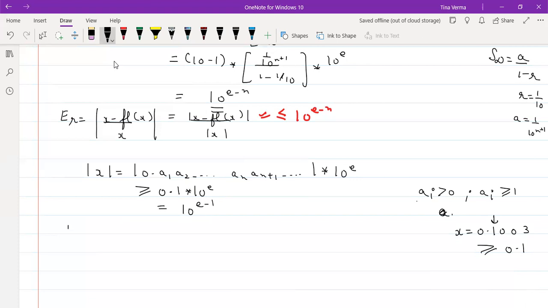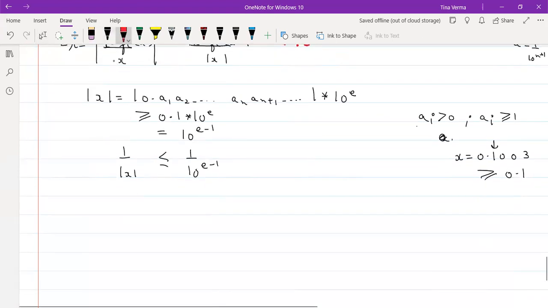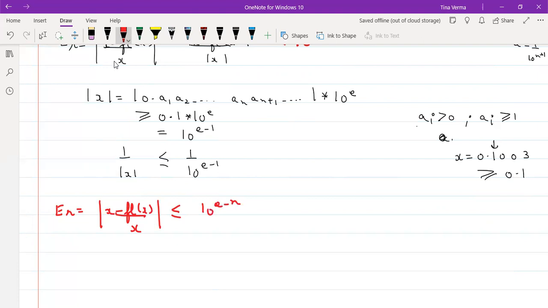So when you calculate the relative error, when you reciprocate it, 1 by mod x will be less than or equal to 1 by 10 raised to the power e minus 1, the inequality gets reversed, right? So your relative error, x minus fl(x) by mod x, will be less than or equal to 10 raised to the power e minus n, which you calculated from the absolute error, divided by 10 raised to the power e minus 1, that is equal to 10 raised to the power 1 minus n.